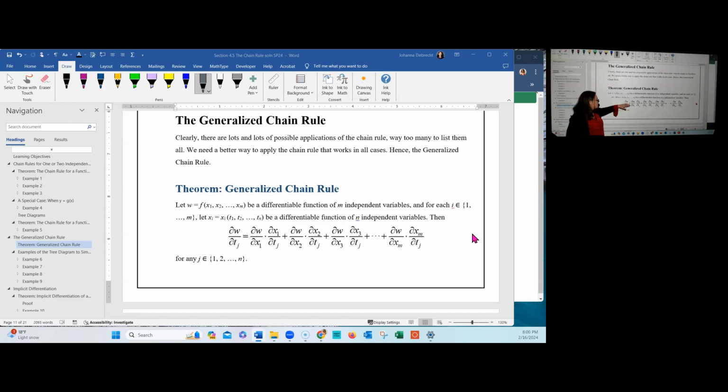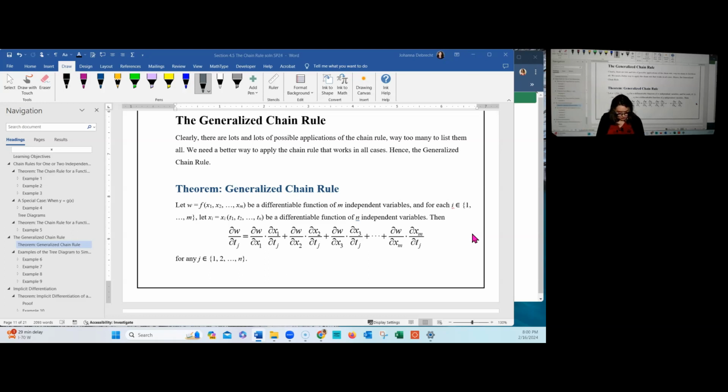The partial of w with respect to the variable t sub j becomes the partial of w with respect to x sub 1 times the partial of x sub 1 with respect to t sub j, plus the partial of w with respect to x sub 2 times the partial of x sub 2 with respect to t sub j, all the way out to the last one, the partial of w with respect to x sub m multiplied by the partial of x sub m with respect to t sub j.